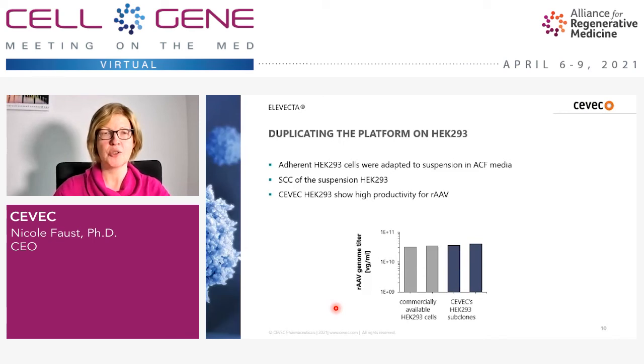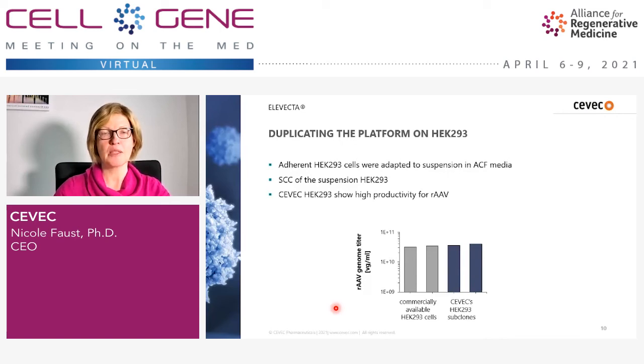We managed to establish this platform on the CAP cells, but we are also getting requests to have it on a more widely used cell line, like the HEK293 cell, which is the standard cell line for viral vector production. So this was the next step for us, to transfer and duplicate the platform on HEK293.